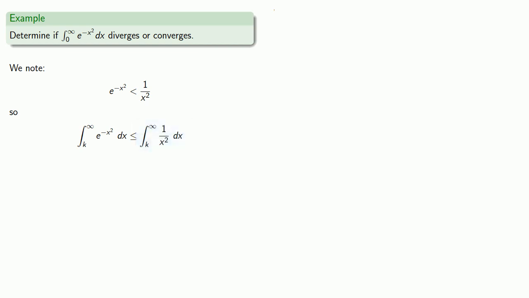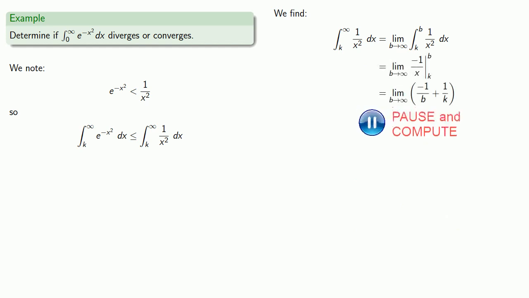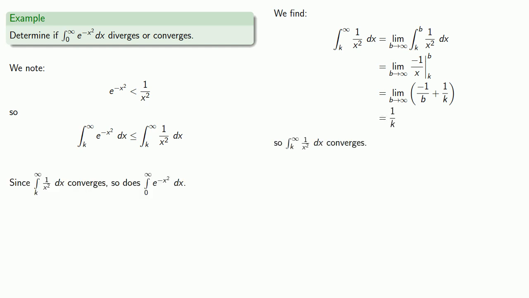The integral from k to infinity of 1 over x squared is an improper integral, so it's going to be the limit as b goes to infinity of the integral from k to b of 1 over x squared. We'll find the integral and take the limit, which is finite. So our integral converges. So our smaller integral converges.